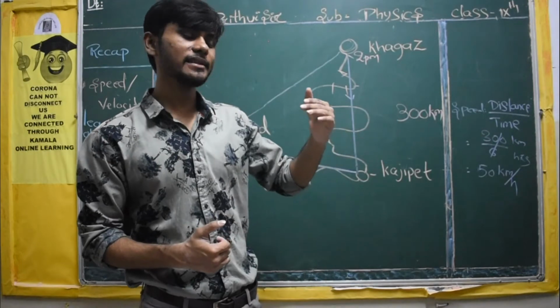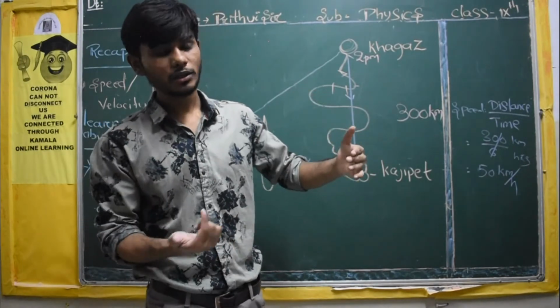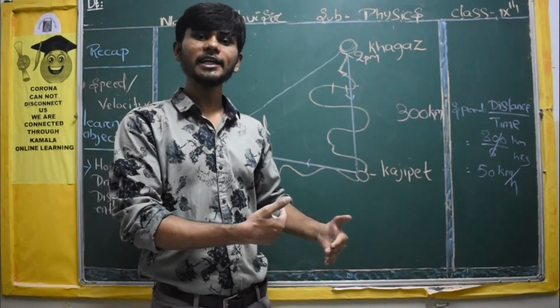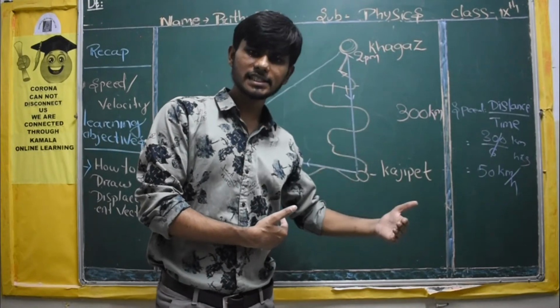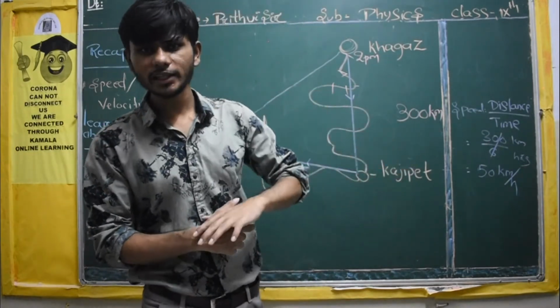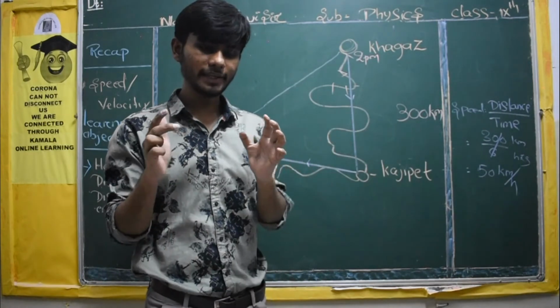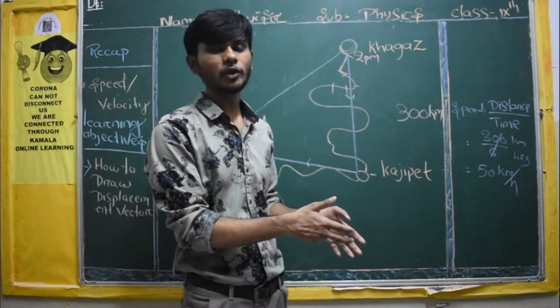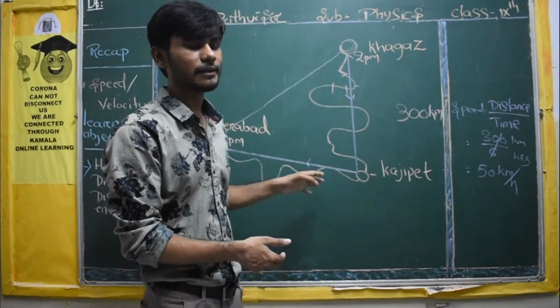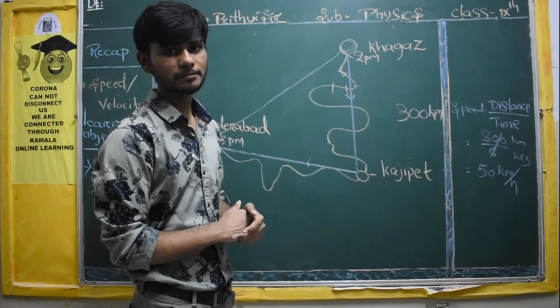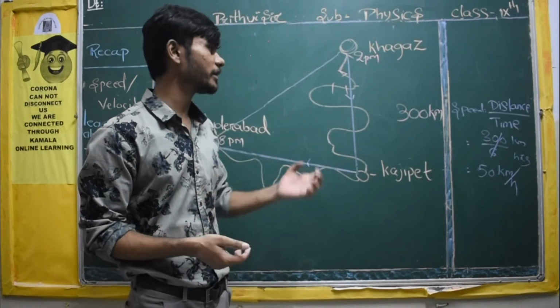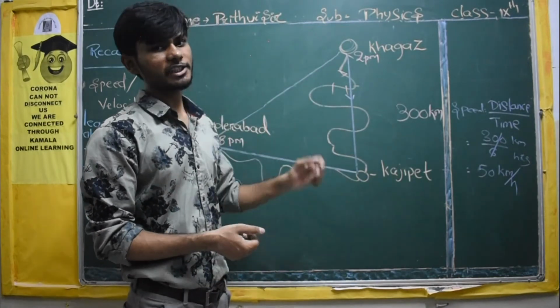At some point it might have gone 50, at some point 60, at some point 40, and at some point it might have reached 75 as well. It entirely depends upon the topography of the particular railway line. But what we have taken is an average speed.